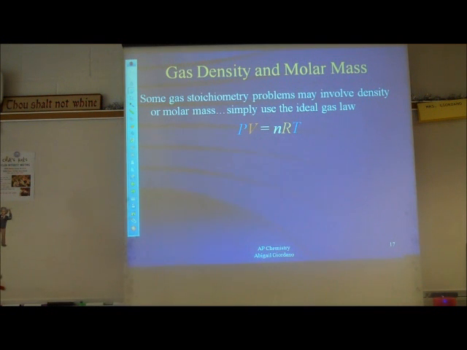when you are using the ideal gas law, you will sometimes see questions that bring in the concept of density and/or molar mass into a gas kind of situation. And if you'll notice, nowhere so far have we said anything about density or molar mass.